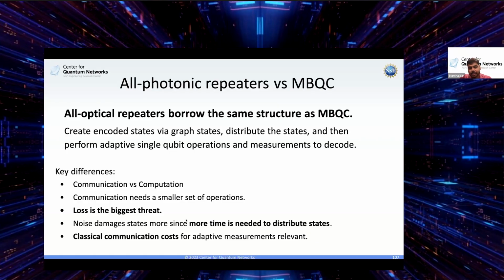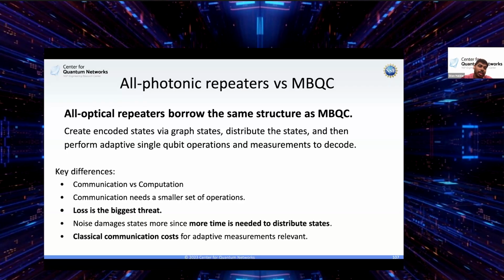Loss is the biggest threat, as we discussed, right? As soon as you start sending things more than 10 kilometers, the biggest problem becomes that if you want to distribute the graph state, how much of it is actually going to survive, right? So that's a big problem. Then, because these are also going to be distributed over long distances, it will need more time.